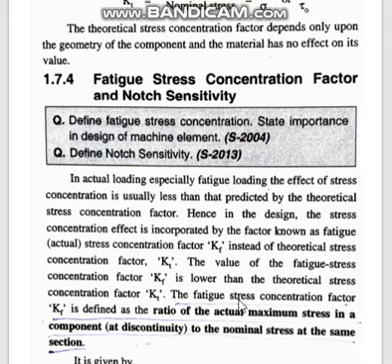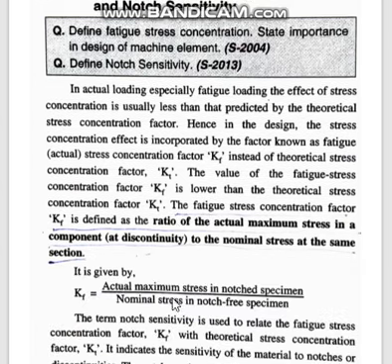So how do you define the fatigue stress concentration factor KF? It is defined as the ratio of actual maximum stress in a component at the discontinuity. The discontinuity is a crack, hole or any such notch. In the numerator of this formula, there is the actual maximum stress in the notched specimen, in the vicinity of the discontinuity.